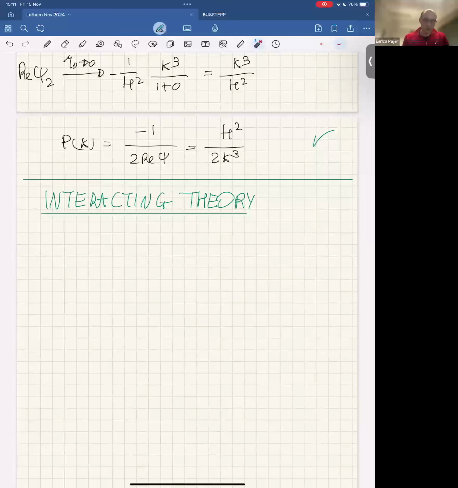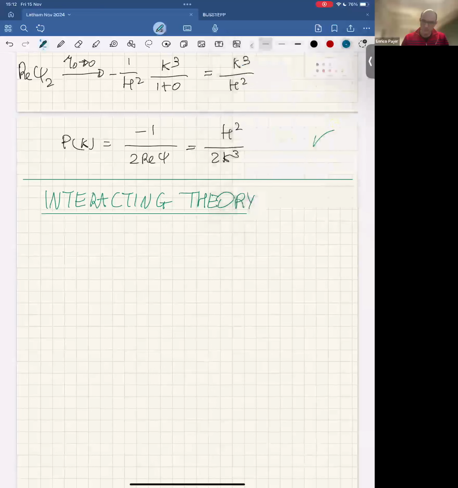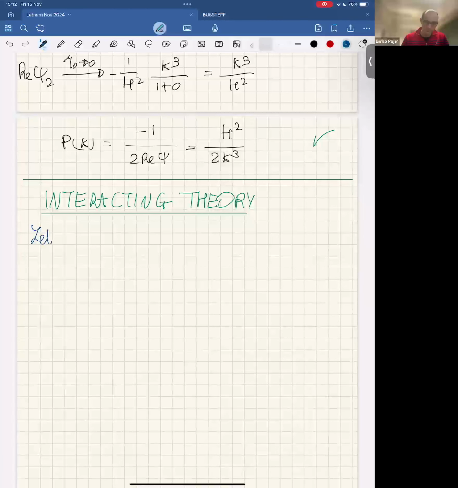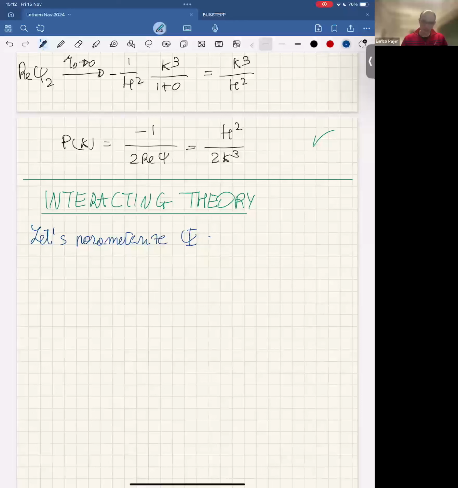Okay, good. So let's talk about the wave function for an interacting theory. For an interacting theory, the wave function is not a Gaussian. It could be, in principle, a very complicated function.